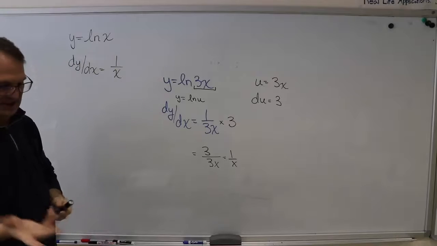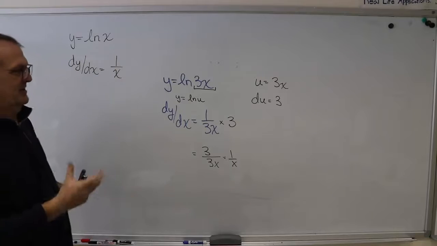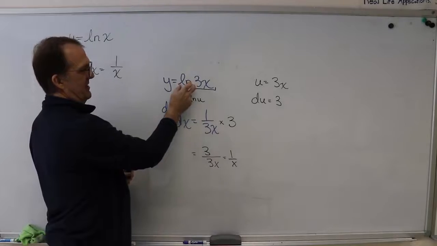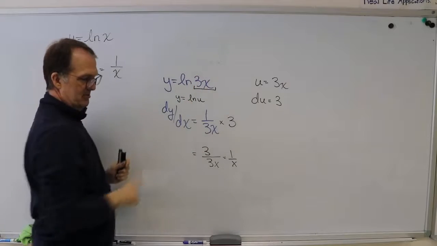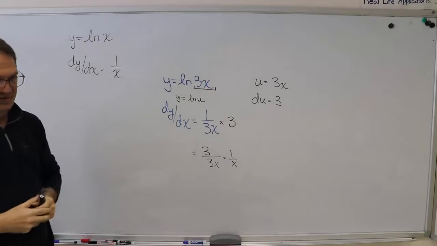So your comment is essentially right: the natural log is the big function, and anything you put inside of it is the u, the new function.